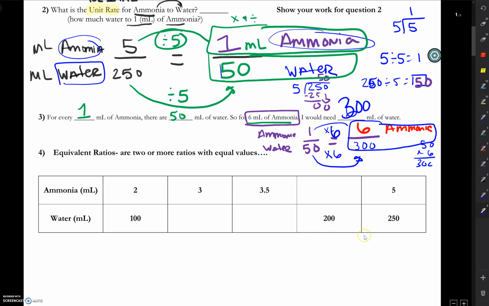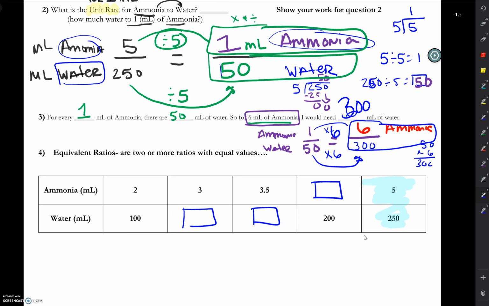Now, let's look at our table. And so we start off with our ratio here. How do I go and complete this table? So now I need to find out this answer, this answer, and this answer. So the easiest way to do this would be to find the unit rate.